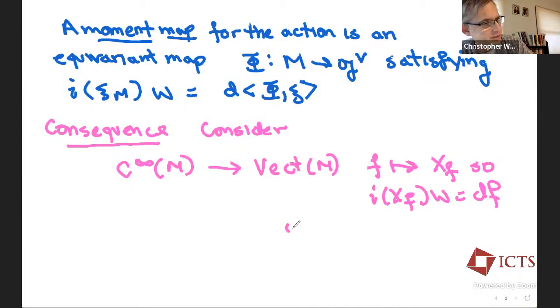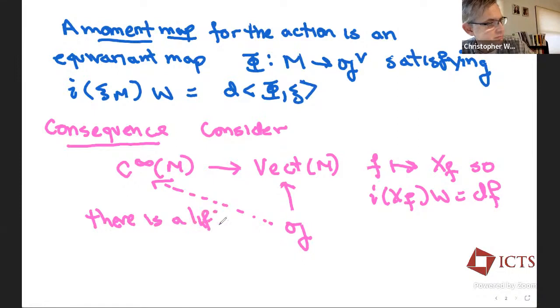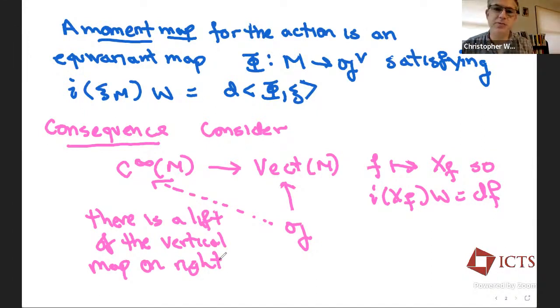And then there's this natural map from the Lie algebra to vector fields, and this means that there's an extension of this diagram, so that the vertical map on the right splits to the space of smooth functions. So that's one of the ways of thinking. A moment map is that for any infinitesimal symmetry, there's a corresponding function.